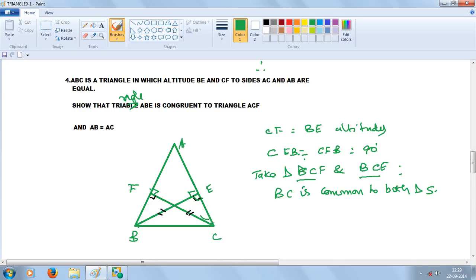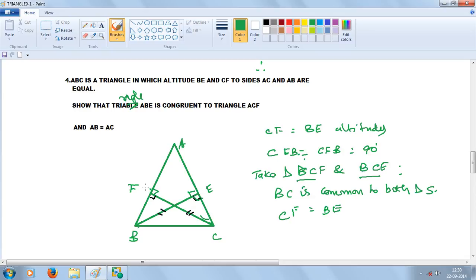What about CF? CF is equal to BE, given. So if you take triangle BCF, this should be CBE.